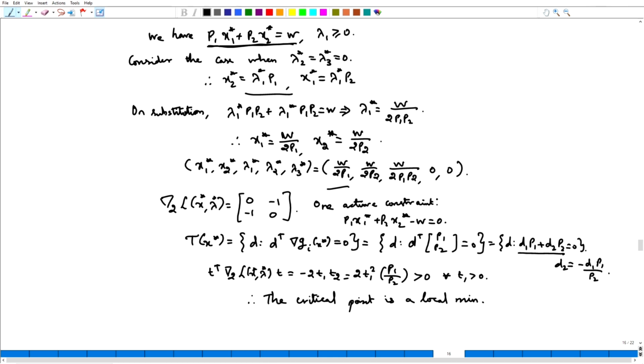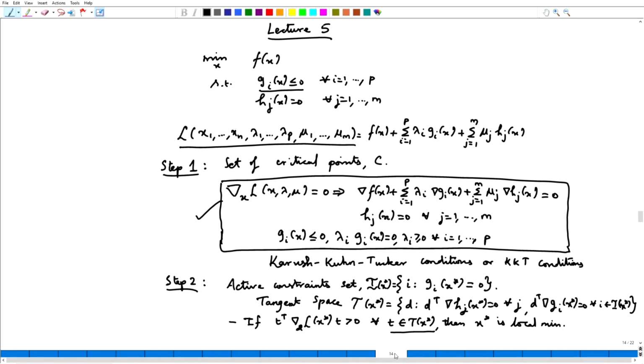So, you can see how we actually solve a constrained optimization problem. This gives you a primer on optimization.